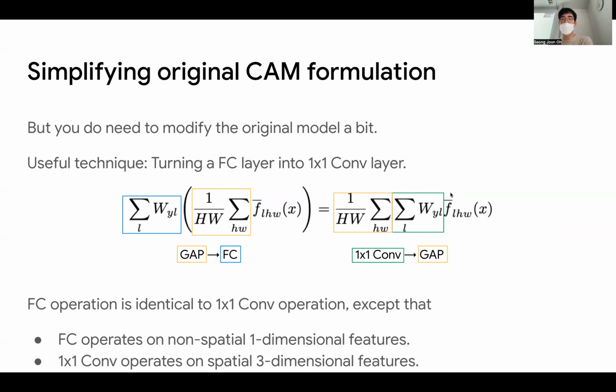Because now you're dealing with, instead of vector, you're dealing with feature map. And you see, linear layer is doing the same thing as one-by-one convolution, right? Because you're applying the same matrix multiplication for every pixel in the feature map. And that is exactly one-by-one convolution.